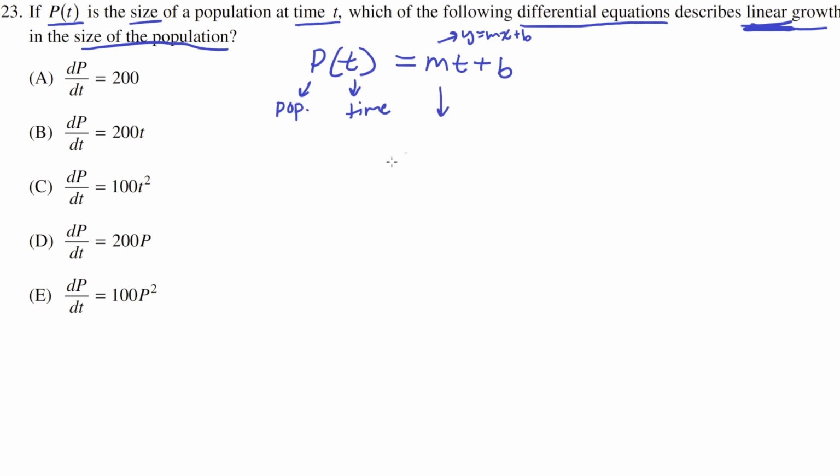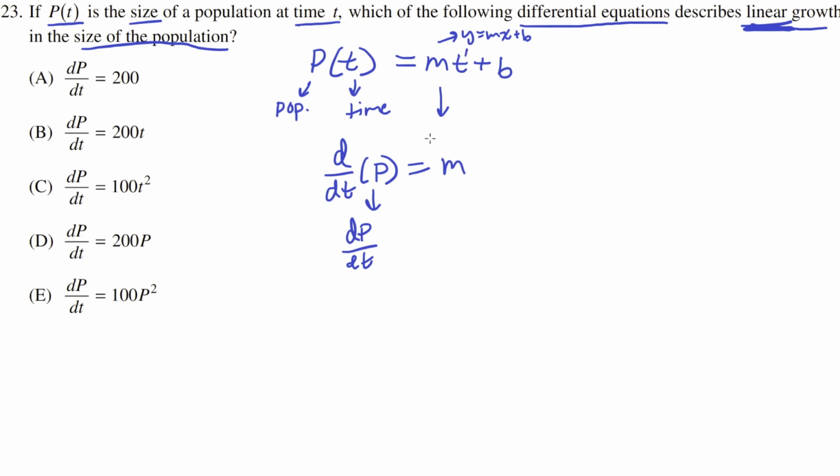And if we were to take the derivative with respect to time of P, or really this is just dP/dt, you can write it either way, then the derivative would just look like some constant, which would be the slope.